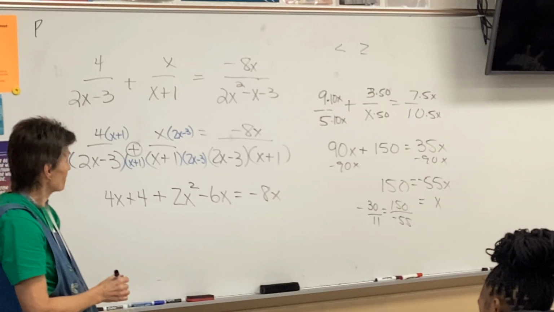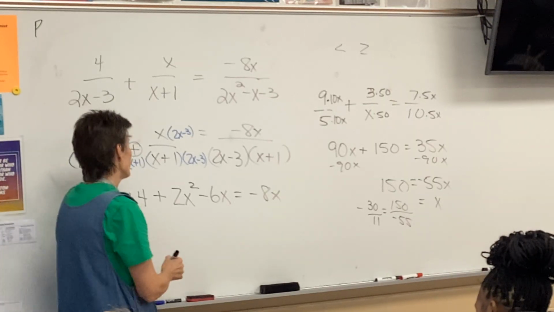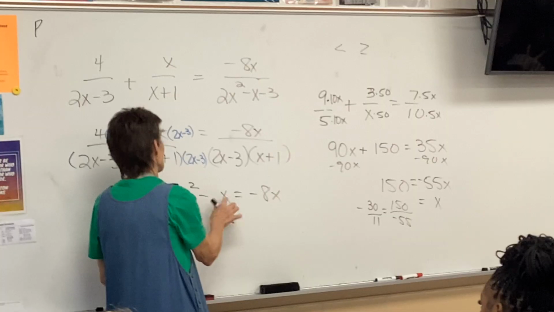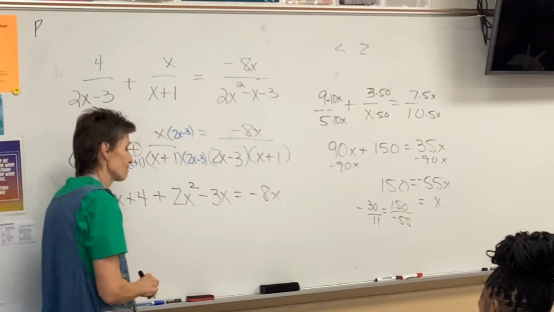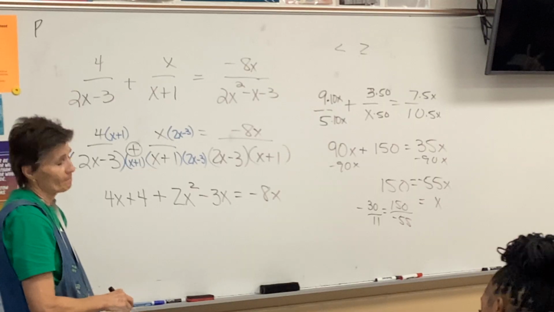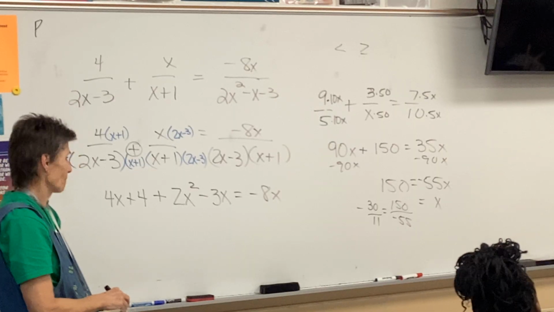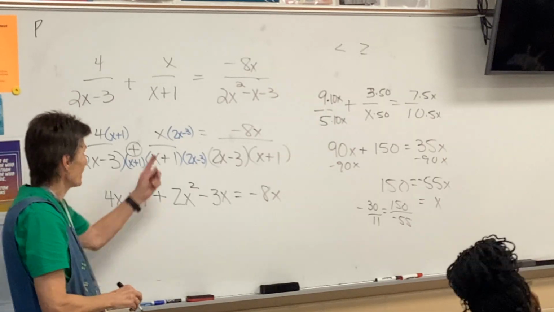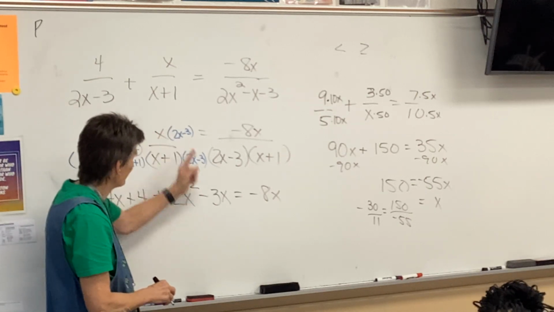Where do you get the 6x from? Oh, I don't know. It's a 3. Thank you. Someday you'll be old. Yeah, I distribute. So 2x squared minus 3x.